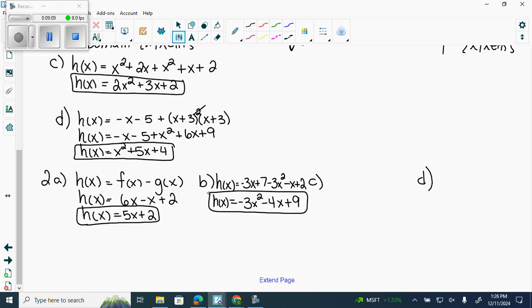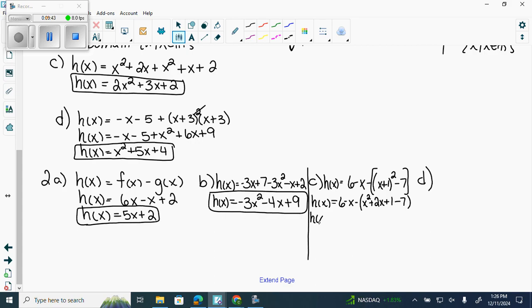And then C, we get h of x equals f, which is 6 minus x minus x plus 1 squared minus 7, minus that whole thing. And so we're going to get h of x equals 6 minus x minus x squared plus 2x plus 1 minus 7.